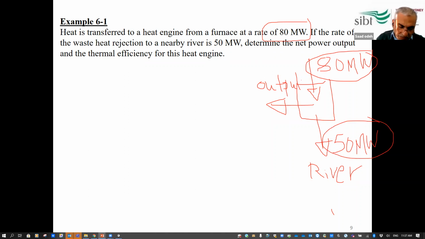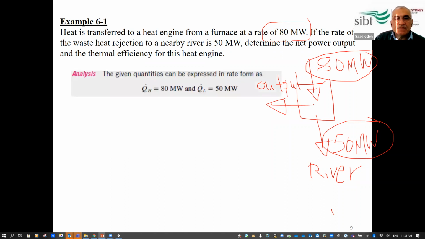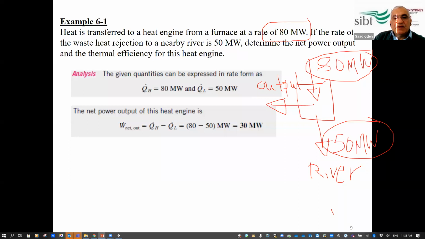Okay, so power output is simply the Q dot of the high temperature source, which is the furnace, of course, here, 80 megawatt, minus the lower temperature thermal reservoir, the heat sink, which is the river.